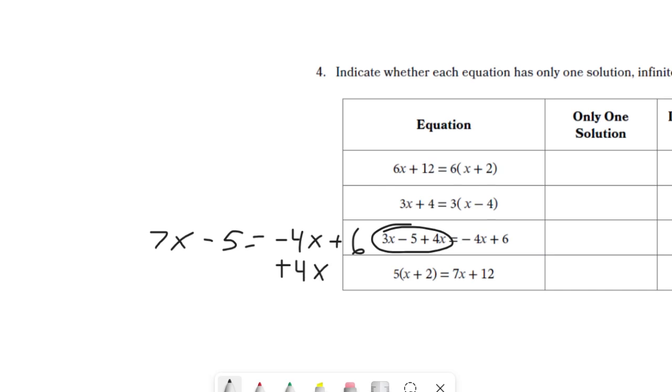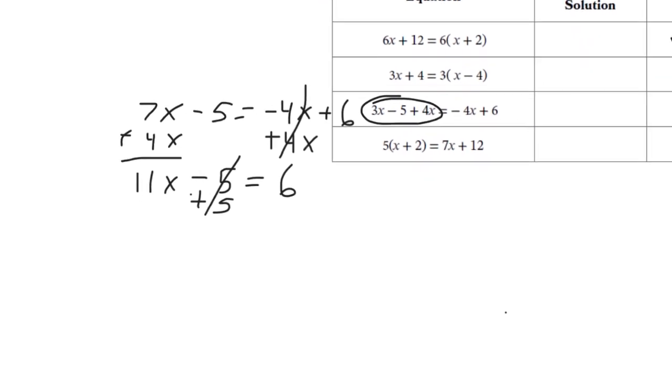But if I did solve it, just to prove a point, if I get rid of the x's from one side, so I add 4x to the other side, I have 11x minus 5 equals positive 6. Next, I'm going to add 5 to both sides.